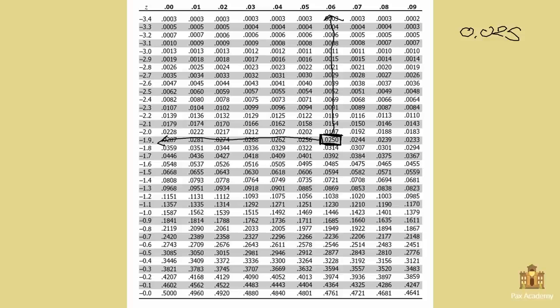The horizontal value is minus 1.9, and then on top we have the decimal places. In this case we have 0.06. So basically you take minus 1.9 and add 0.06, and this becomes minus 1.96.